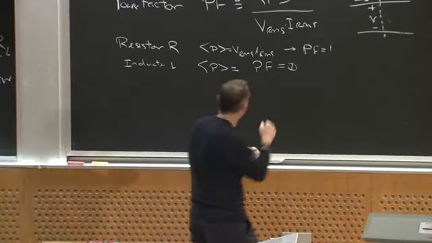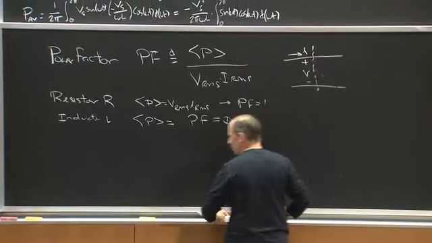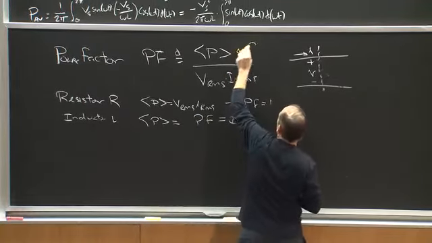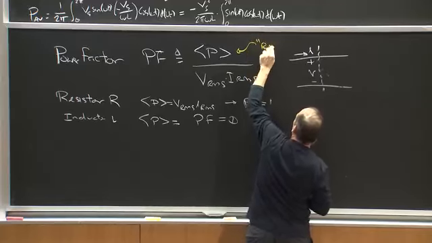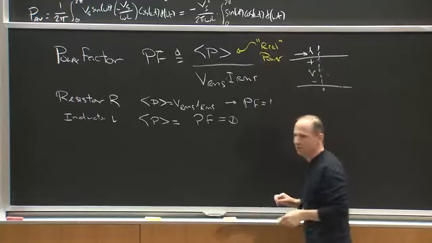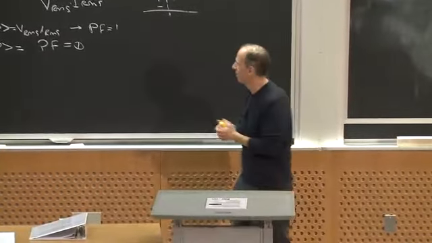I should say, by the way, that this average power is sometimes known as quote-unquote real power. So if you hear somebody talk about real power, that's what they're talking about.